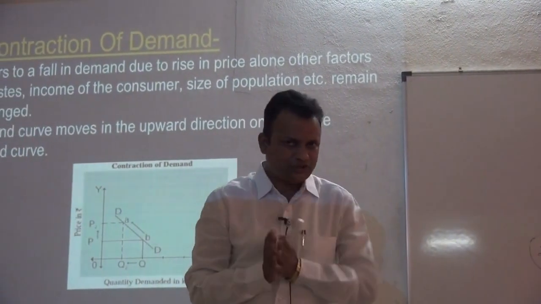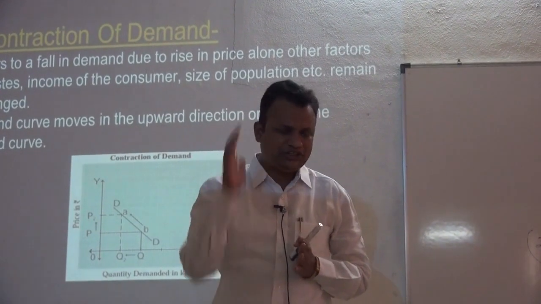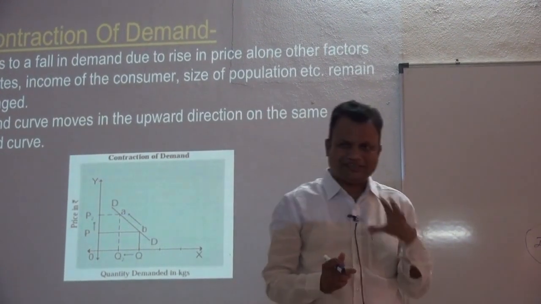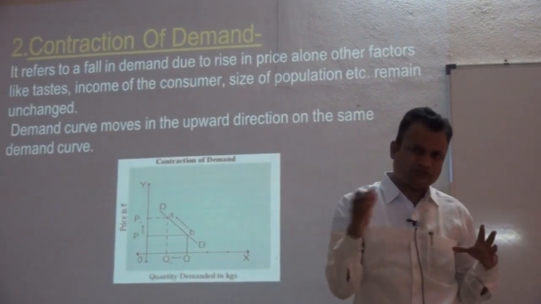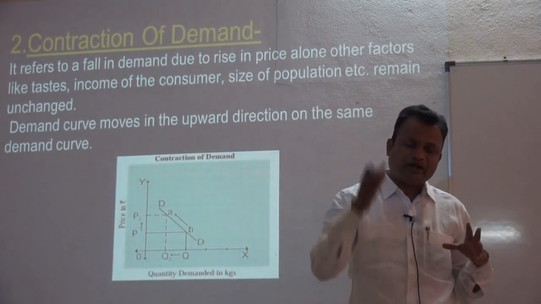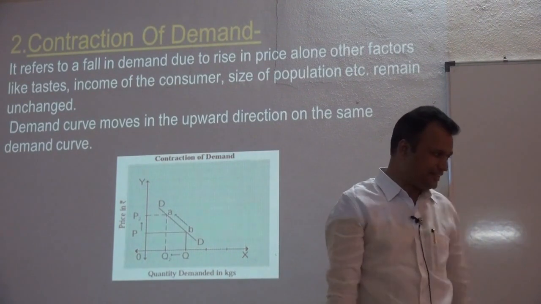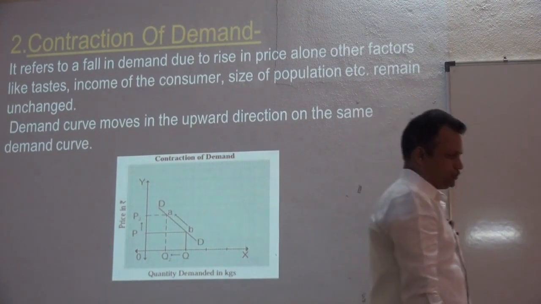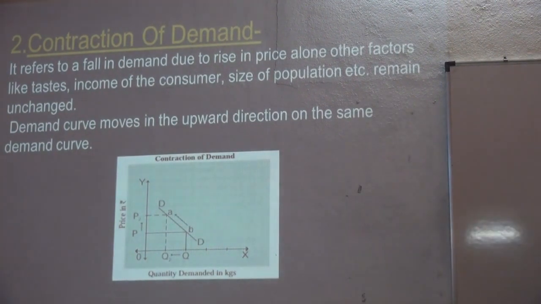In variation in demand, demand changes due to a change in price alone. The rest of the factors which determine the demand remain constant, and these two concepts are considered expansion and contraction.